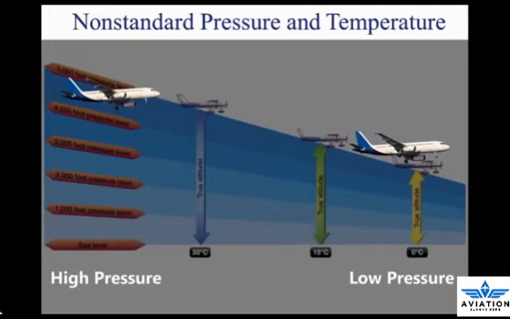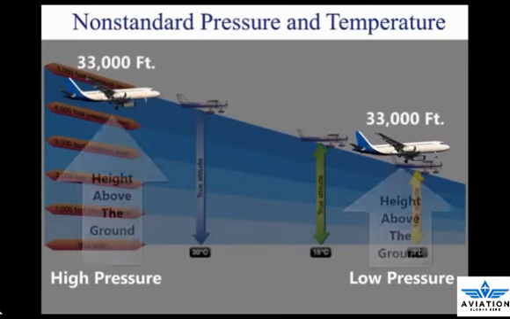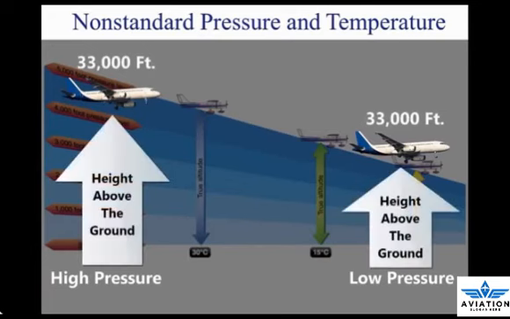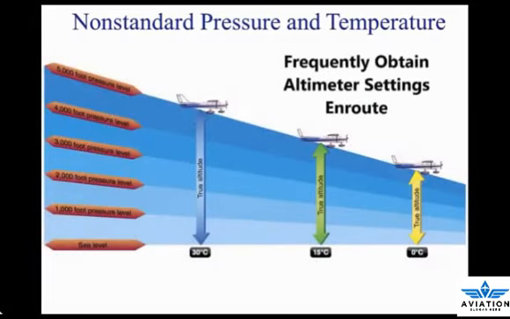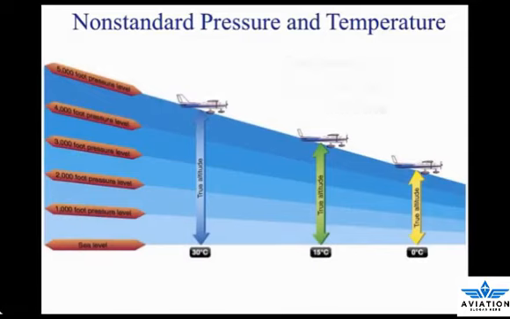Conversely, if an aircraft is flown from a low-pressure area to a high-pressure area without an adjustment of the altimeter, the actual altitude of the aircraft is higher than the indicated altitude. Once in flight, it is important to frequently obtain current altimeter settings en route to ensure terrain and obstruction clearance.